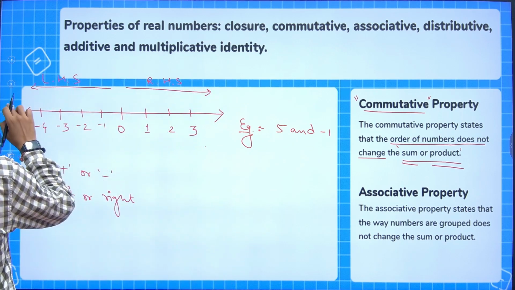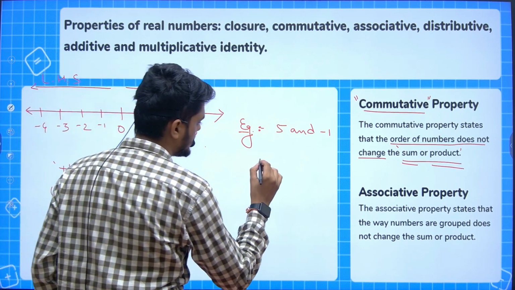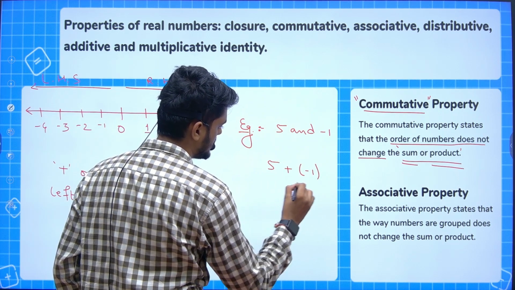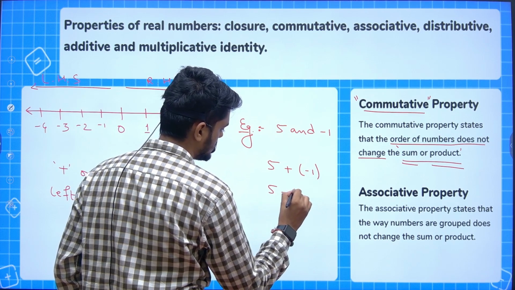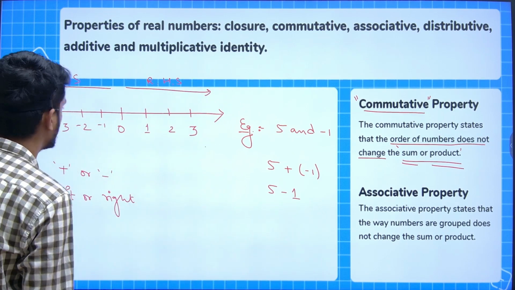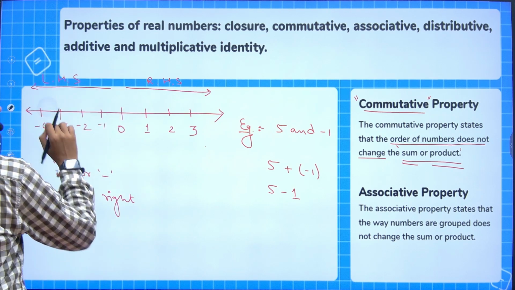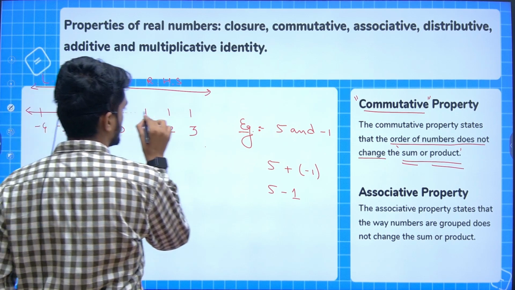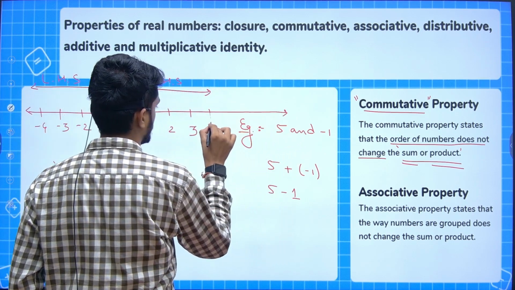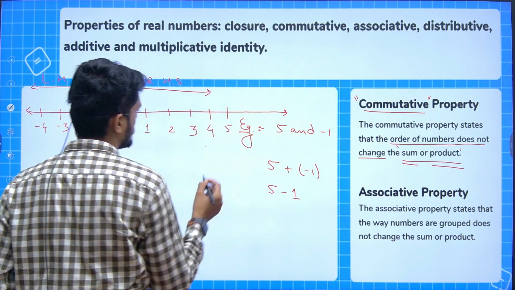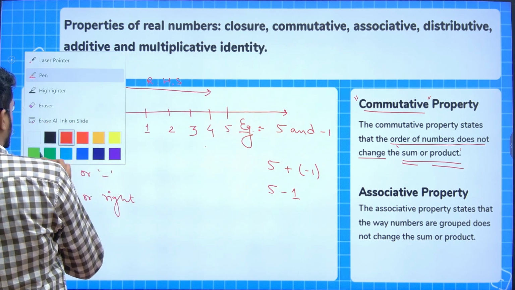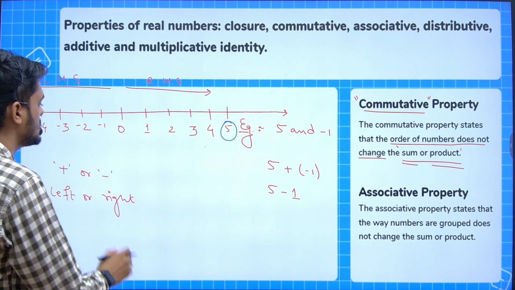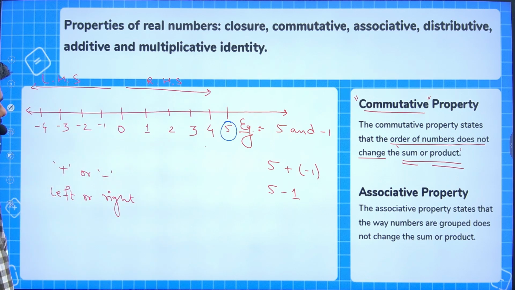So look, if I say 5 plus minus 1, this results in 5 minus 1. Now how do we conclude this? We have 5 over here on our representation of the number line.